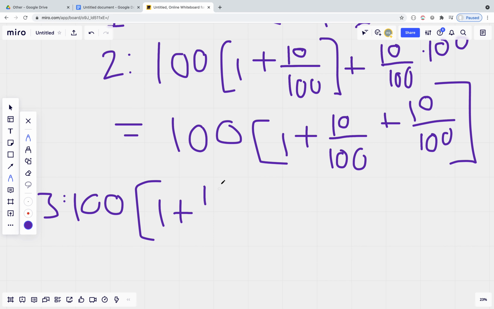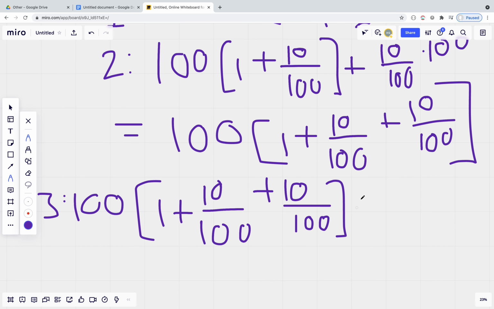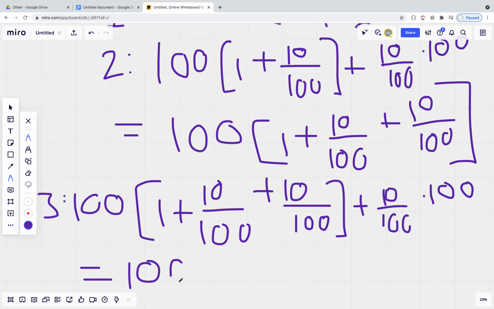So 1 add 10 over 100, add 10 over 100, add 10% of 100, okay? And again, we can take out the 100, and I'm not going to show it fully, but when we take out the 100 as a factor, we get 1 add 10 over 100, add 10 over 100, add 10 over 100, okay?